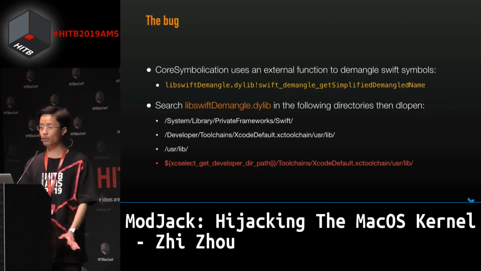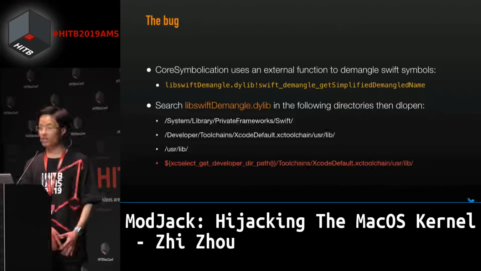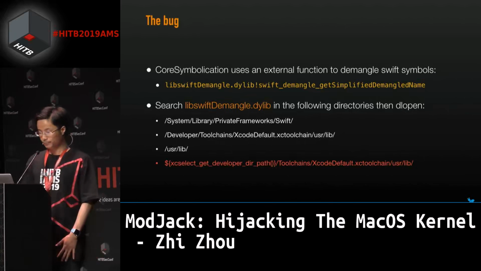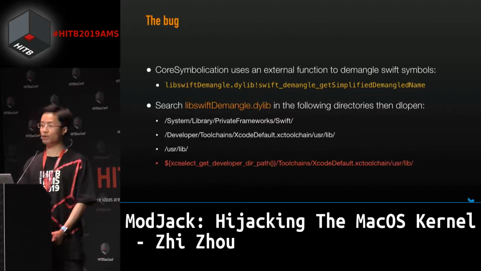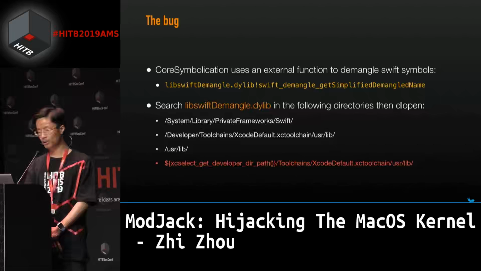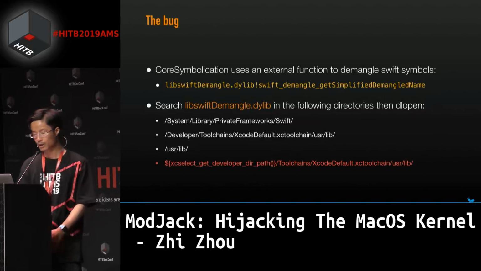So there is a process called mangling and demangling by the compiler to transform the symbol name to another form. The demangling is to recover the original symbol name, and the core symbolication framework will search for libswiftDemangle.dylib in the following directories.